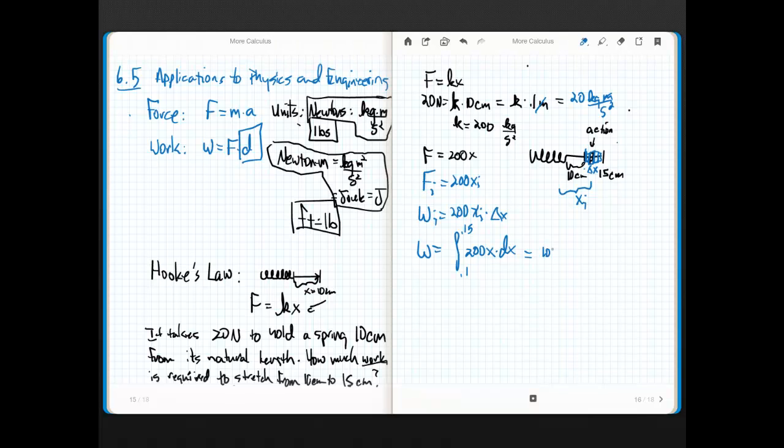This turns into what? 100x squared, integrated from 0.1 to 0.15, which is, oh good God, let's see, 100 times 0.15 squared minus 100 times 0.1 squared, right? And whatever the heck that is, let's pull out our calculator.